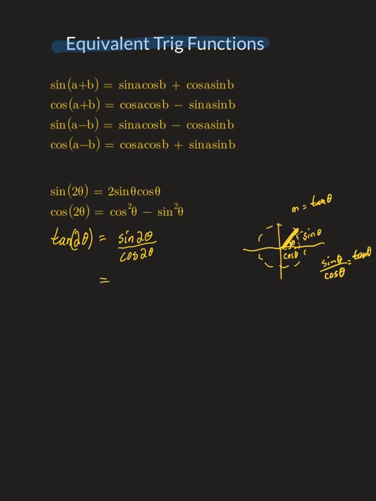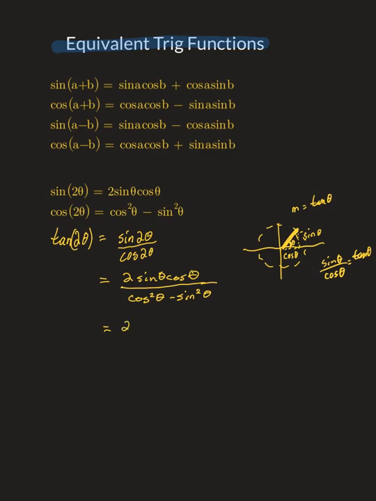Okay, well, since the sine of 2 theta is just 2 sine theta cosine theta, and the cosine of 2 theta is just cos squared theta minus sine squared theta. Now we want this in terms of tan of theta, so let's use a little trick. Let's divide the top and the bottom by cos squared theta.